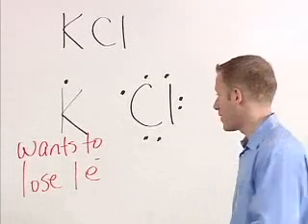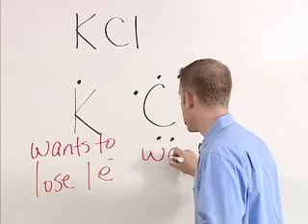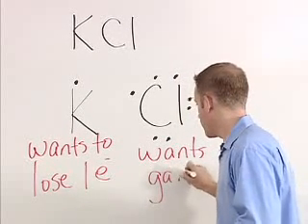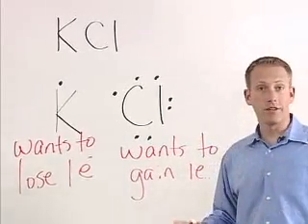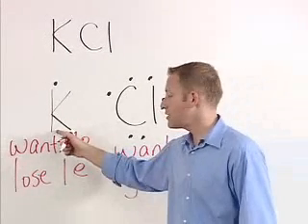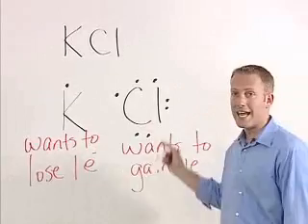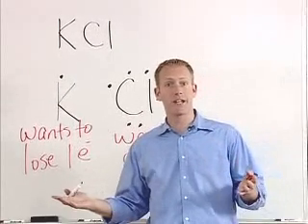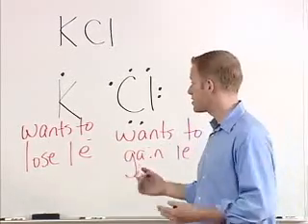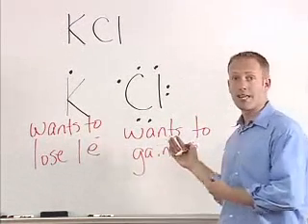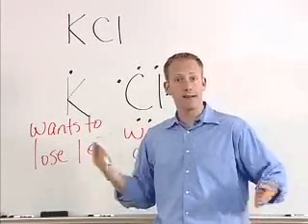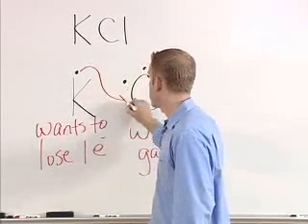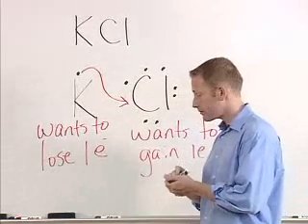So it wants to gain 1 electron. Don't they make a perfect pair? Potassium wants to lose 1. Chlorine wants to gain 1. So there's going to be a transfer. Ionic bonding is transferring. Metal and nonmetal, because metals want to lose, nonmetals want to gain. When they want to do different things, there's going to be a transfer. So this electron gets transferred over here.